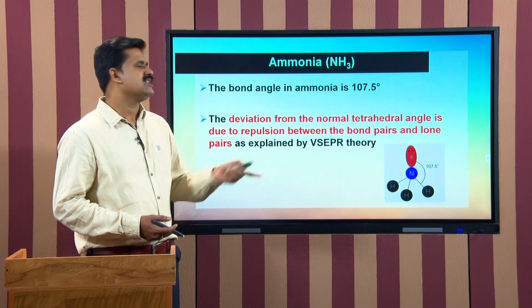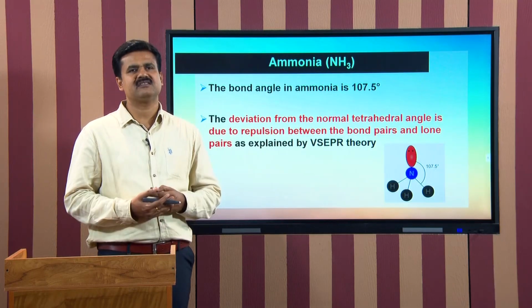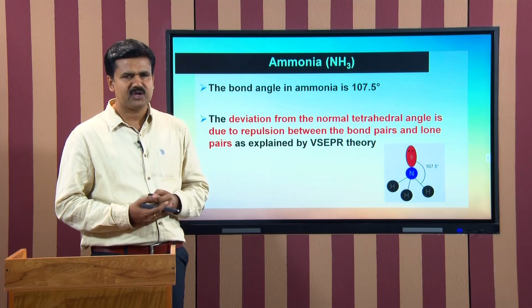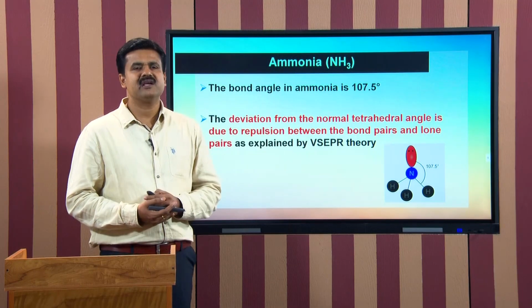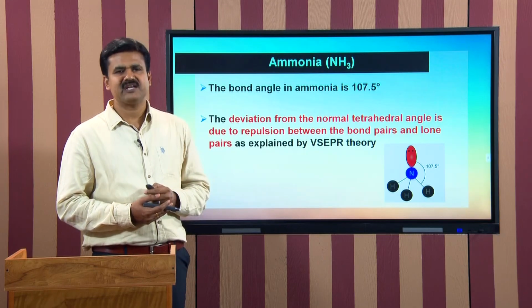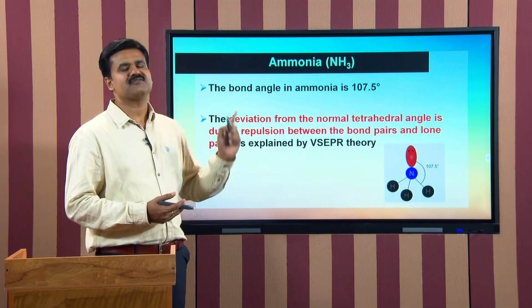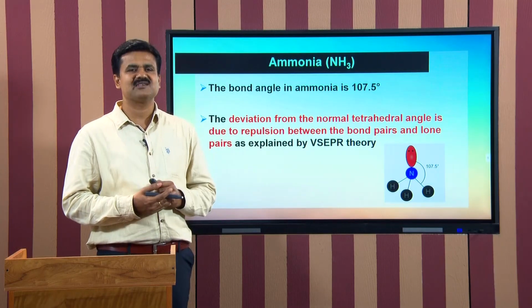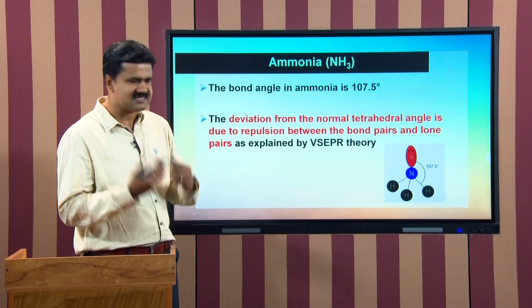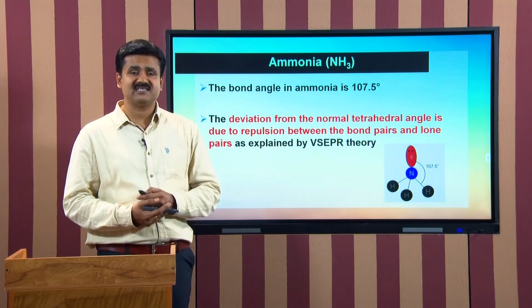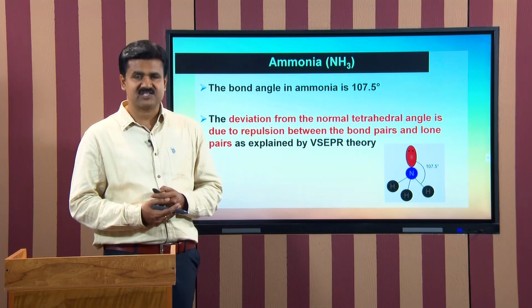These half filled orbitals overlap with the 3 1s orbitals of the hydrogen atoms to form the NH3 molecule. The bond angle in ammonia is not 109 degree 28 minute; there is a slight diminishing to 107.5 degree as a result of lone pair bond pair repulsion, which can be explained on the basis of valence shell electron pair repulsion theory.